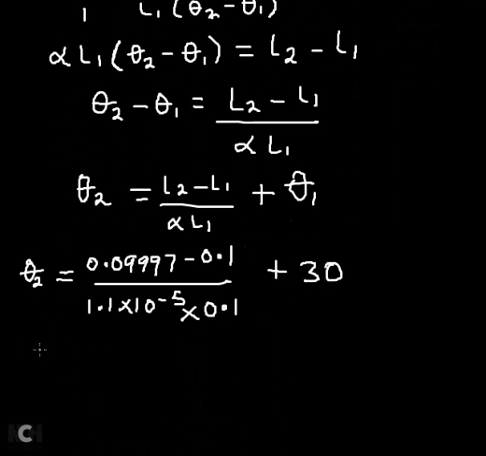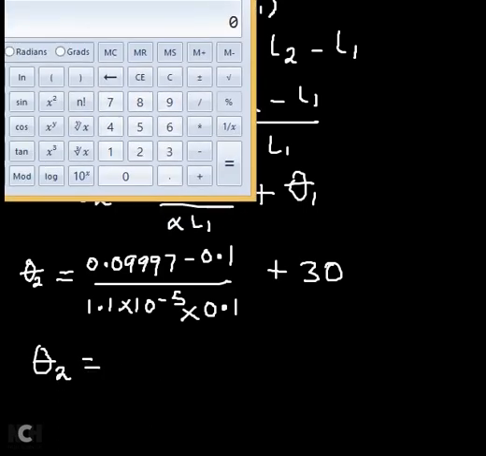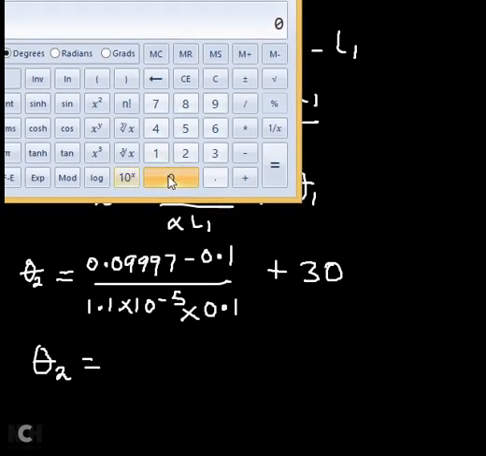So now let's actually flow with this. Theta 2 is now going to be equal to, so my calculator will do the work now. I'm going to have 0.09997 minus 0.1.